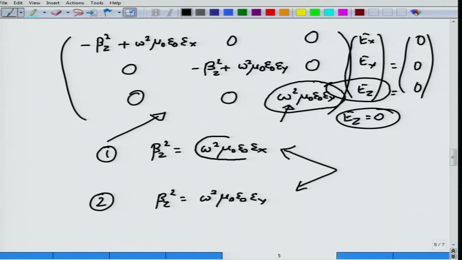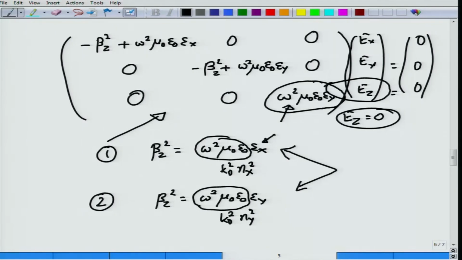I can write this omega square mu naught epsilon naught as the free space propagation constant k0 square, and because epsilon is the relative dielectric permittivity, which is actually the square of the refractive index, I can write this as nx square. Similarly, I can write omega square mu naught epsilon naught as k0 square, and epsilon y can be written as ny square.